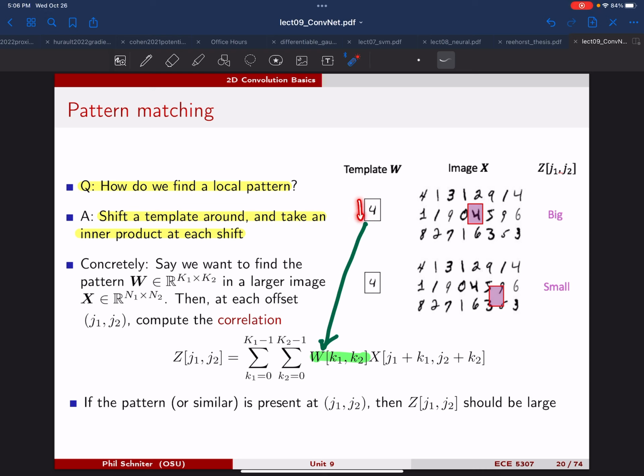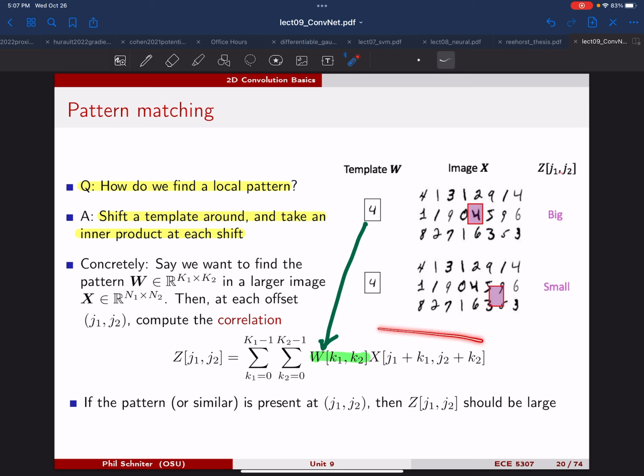So K1, K2. And then we have our underlying image, X, and we also have the location of the template within this image. The J's are going to tell us where we have slid the template to. Here would be zeros, and this would be increasing J1, this would be increasing J2, and for a particular J1, J2, the template's there.